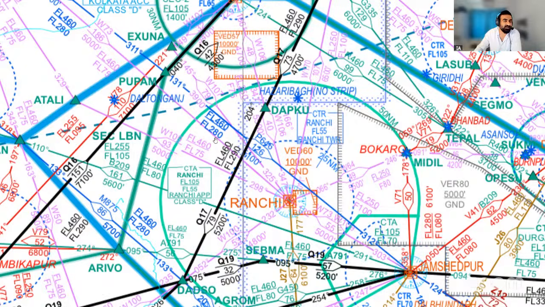So this is basically an RVSM route. When we discuss RVSM, reduced vertical separation minima, we will talk about the airspace. Maybe you can make a note of it right now that RVSM airspace is the airspace where aircraft are allowed to have reduced minimum vertical separation between them.